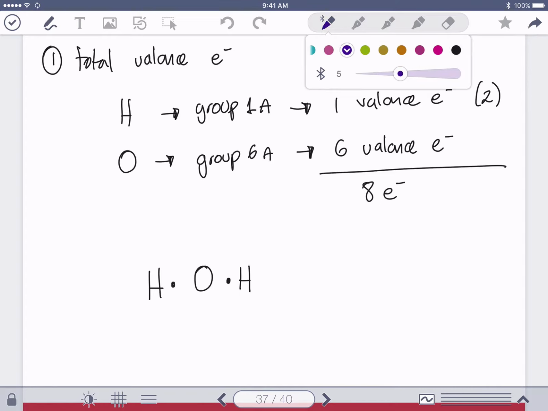Now, since we know that oxygen has 6 valence electrons, those are the only electrons that it will provide for the chemical bonds. So I can draw those. I have 1, 2, 3, and 4, 5, and 6.